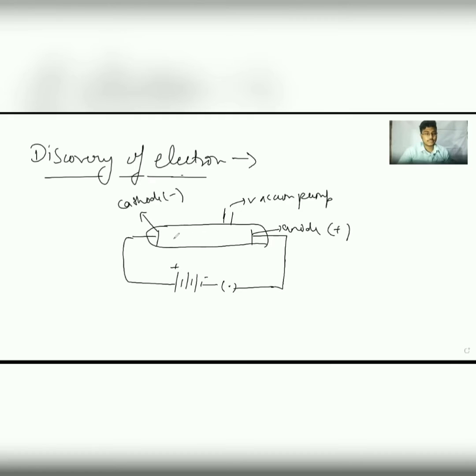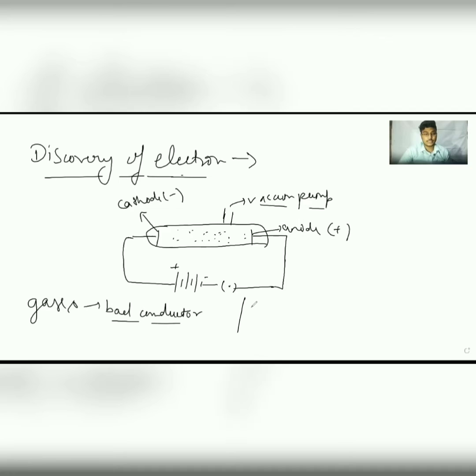He filled some gases inside the cathode discharge tube. As we know, gases are bad conductors of electricity, means gases do not conduct electricity, but at some specific conditions, gases also conduct electricity.